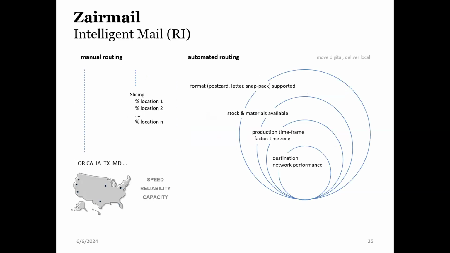Once again, we're looking at routing here, and it depends on what's going to be produced and where it can be produced more efficiently. There are some other subtleties too. Imagine I'm in the Baltimore area, and I'm thinking about producing in Baltimore, but it's 3 o'clock in the afternoon. At 3 o'clock in the afternoon in Baltimore, that mail's not going out till tomorrow.